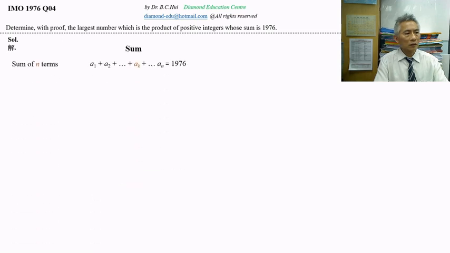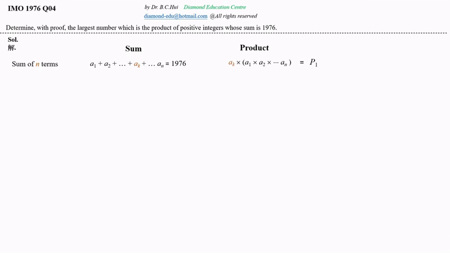So, say we divide 1976 into n integers. Some of these integers may be equal in value. So the product becomes ak times a1 times a2 up to an. We call this value p1. Now, if this is one of the possible divisions, we replace the term ak by two terms, which are ak minus 2 and 2.